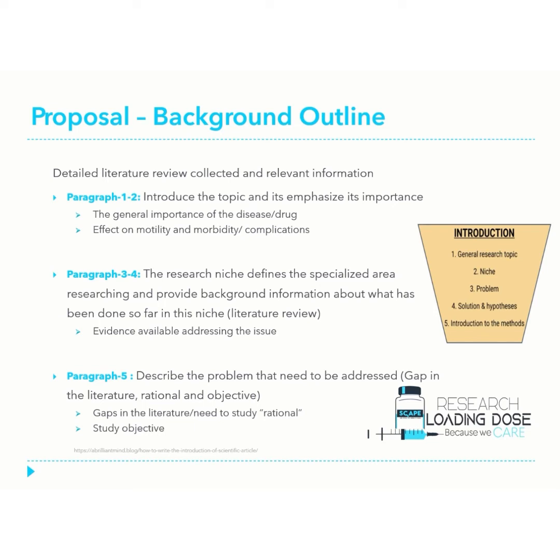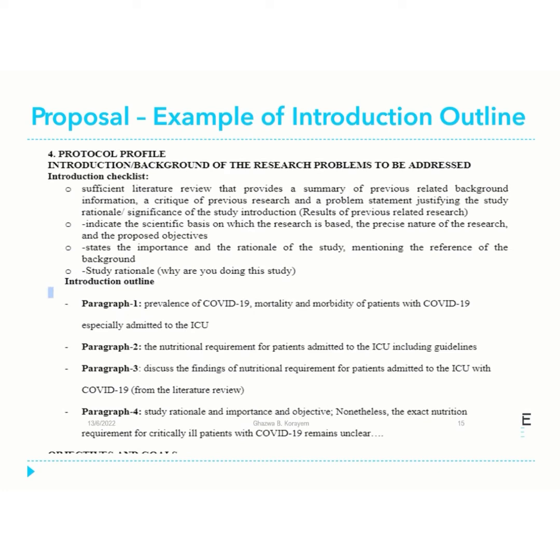After that, you go to the research niche, where you define the specialized area of research, provide the background going over similar literature that looked into the same problem, and then describe the problem and what you need to solve, why you need to do this research, and what the gap in the literature is. If you compare it to the background of the manuscript, it is similar, but just more extensive.